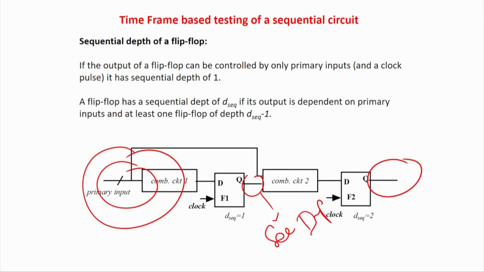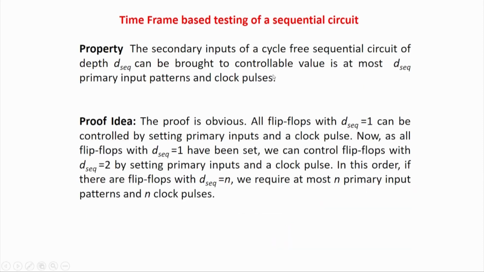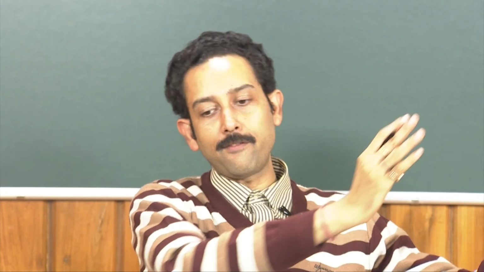The outputs of the flip flops are called secondary inputs. So what it says is, the secondary inputs of a cycle free sequential circuit of depth D can be brought to a controllable value in at most D input patterns and clock pulses. That is how, if some flip flop is there at depth D, its output can be controlled, then you have to control all other flip flops which are at depth D minus 1.